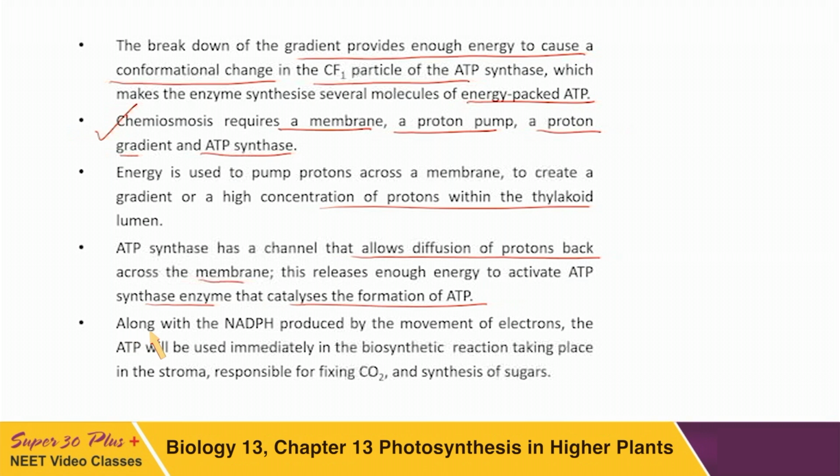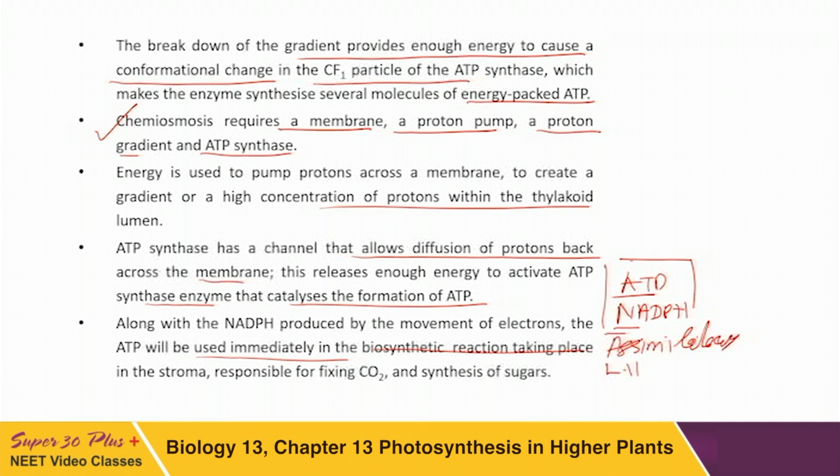Is it right? Along with NADPH produced by movement of electrons, the ATP will be used immediately in biosynthetic reactions which will take place in stroma. This ATP produced in light reaction and NADPH, both of these are known as assimilatory power, and this assimilatory power produced here in light reaction will be used in dark reaction.